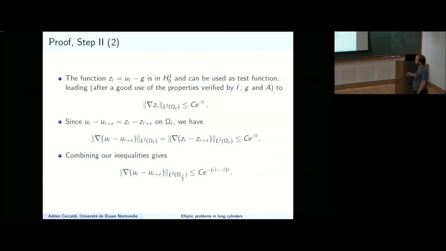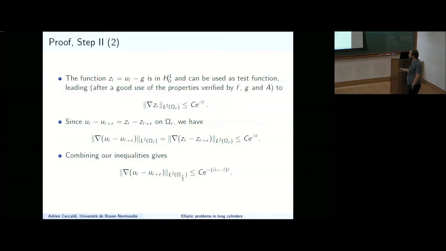And since using this inequality, because you just have plus G and minus G, this is equal to this, and is less than the norm of the gradient of this plus the norm of the gradient of this, which is less than that. And combining this plus this one will lead to here. And so if beta is small enough, which is to say smaller than alpha tilde, we have something negative here.